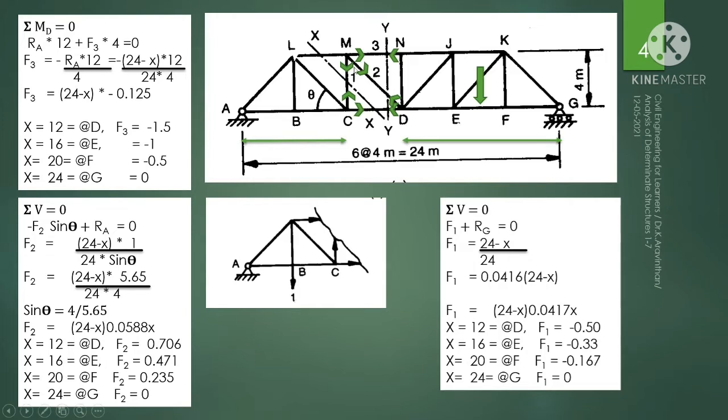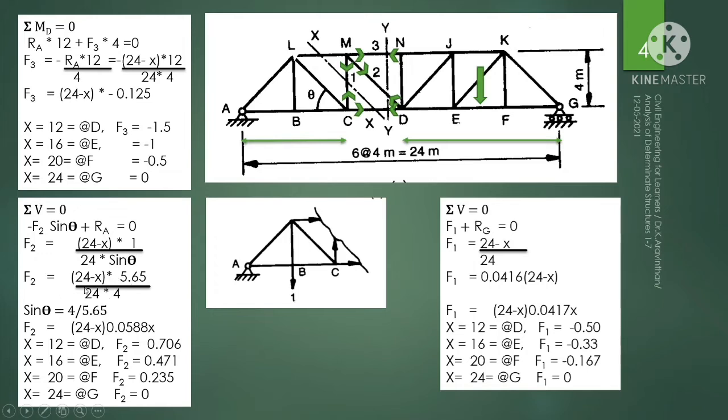If you want to resolve it vertically, I can use F2 into sin theta. Since it is downward, after resolving, you can use minus F2 sin theta, plus in the left hand side we have RA equal to 0, and if you want F2, you can take it outside, and RA will be 24 minus x divided by 24, and sin theta will be going to the other side, and it will become 1 by sin theta, and 1 by sin theta is 4 by 5.65.